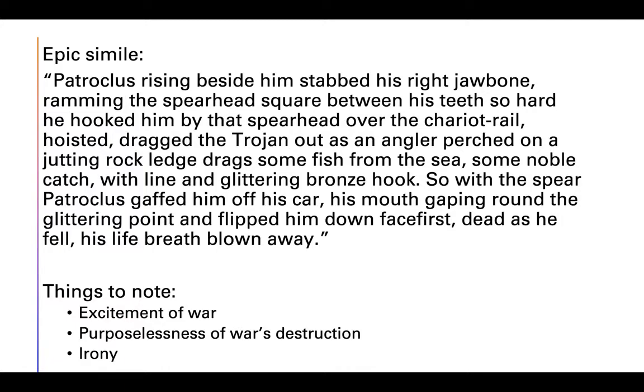But from Homer's perspective, as an 8th century person writing about the past, he likely hadn't seen this kind of warfare, with a chariot and some dude getting stabbed in the mouth. But we can probably know that he did see fishermen. He's living in a more rural time than the time he's writing about.